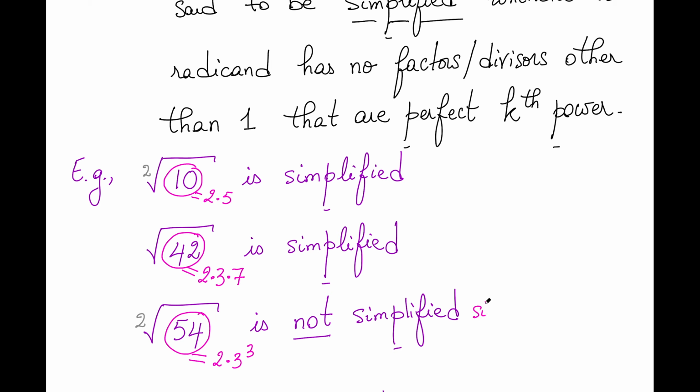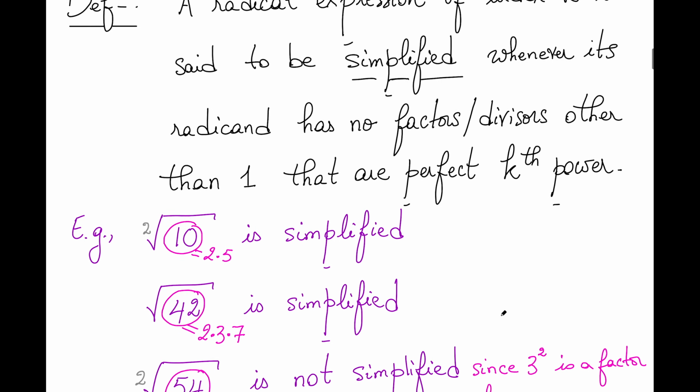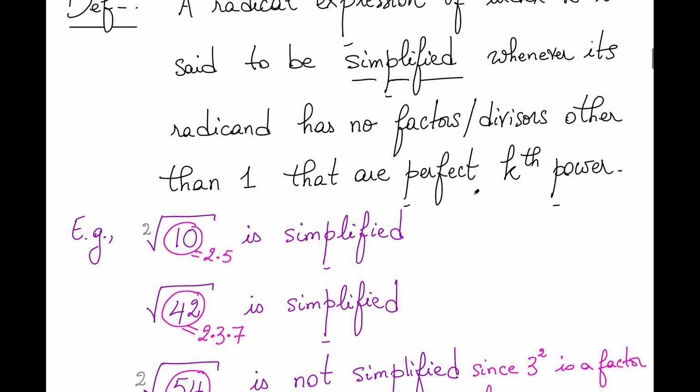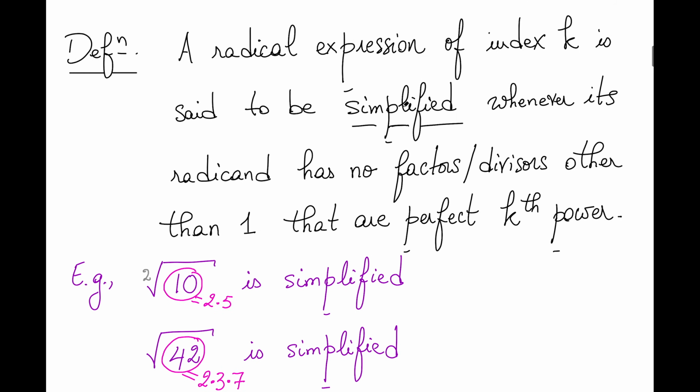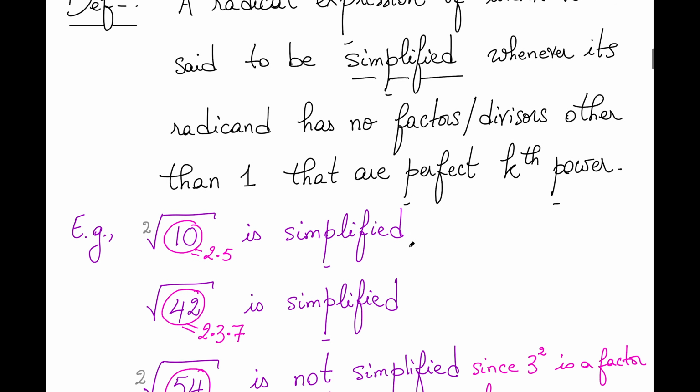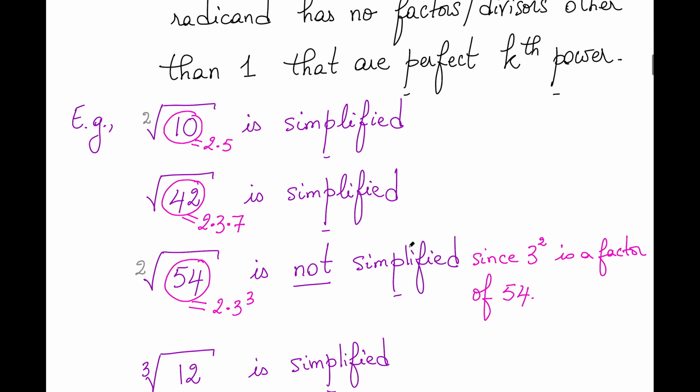So since 3 squared is a divisor or a factor of 54, right? We just violated the definition. I was able to find a divisor, namely 9, other than 1, which is a perfect second power for that 54. So the square root of 54 is not simplified.